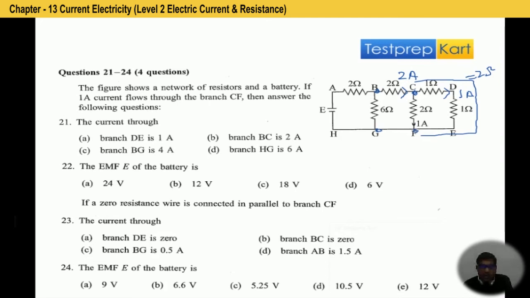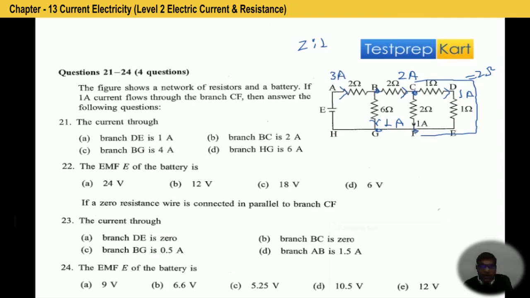It means the ratio of current between these two is 2:1, because one resistance is 3 ohm, another is 6 ohm. So if 2 ampere current is passing, in this element current would be 1 ampere. So total current coming out from the battery is 3 ampere.